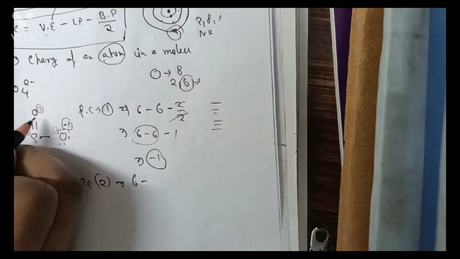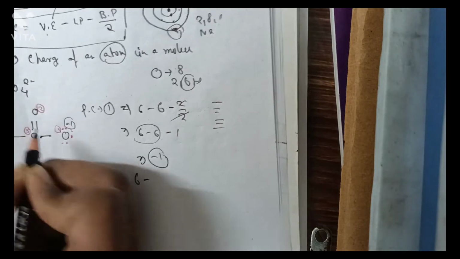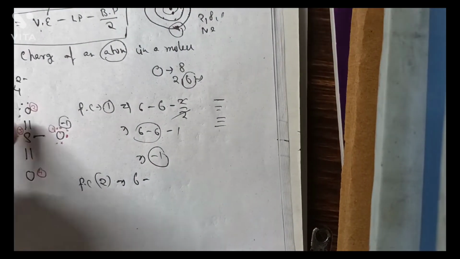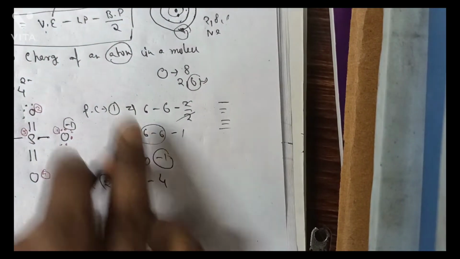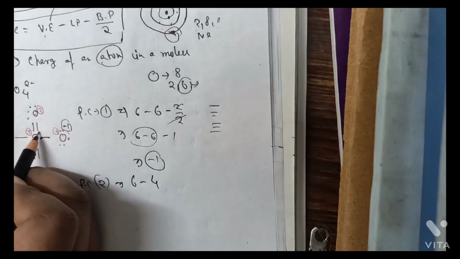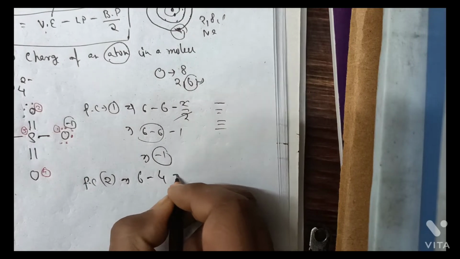As we can see, 4 electrons are not taking part, and with the bonding electrons the octet is complete. That means its lone pair is 4. As for bond pair electrons, it is making 2 bonds. If 1 bond contains 2 electrons, 2 bonds contain 4 electrons, so 4 by 2.